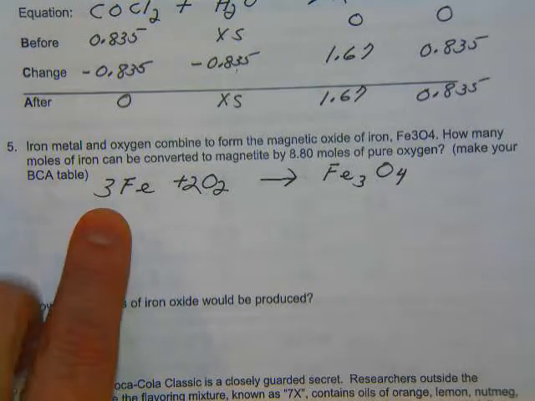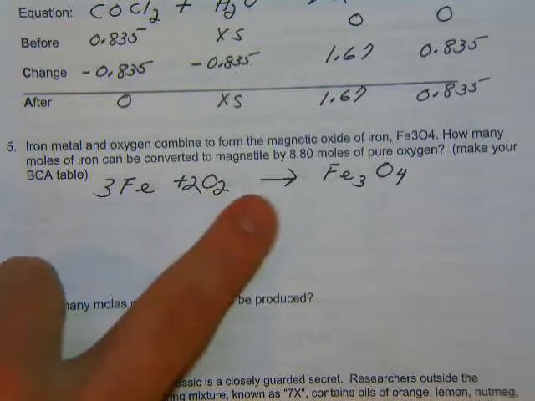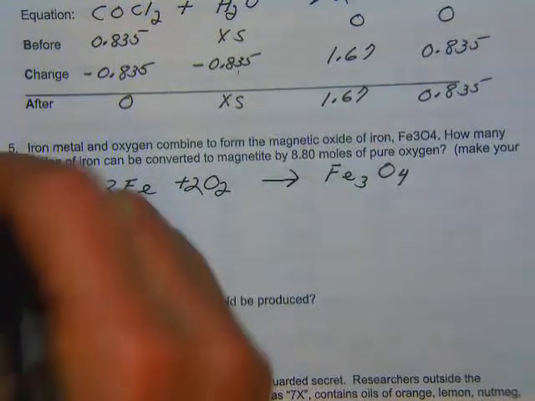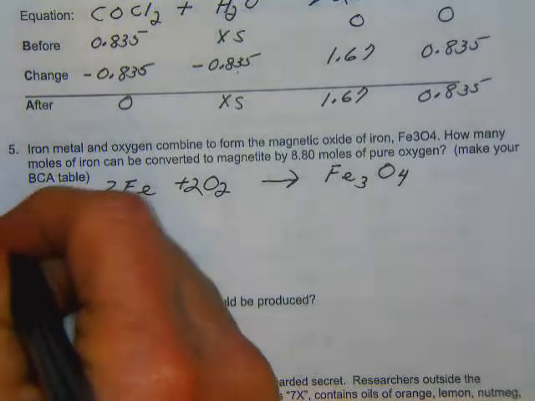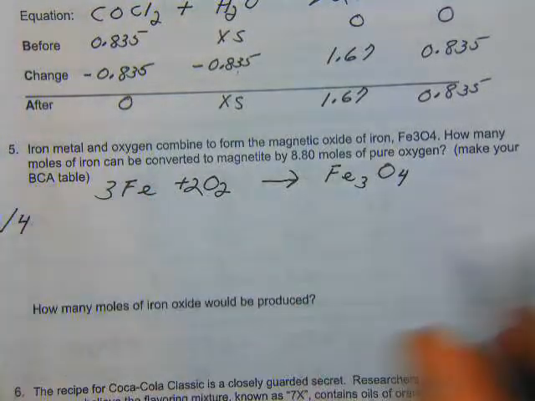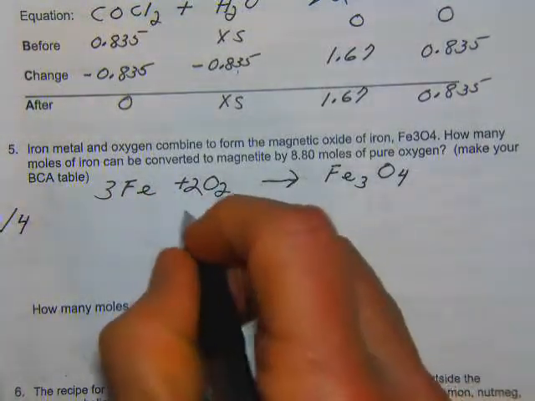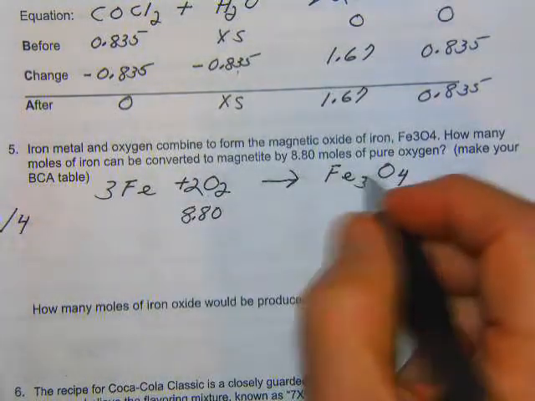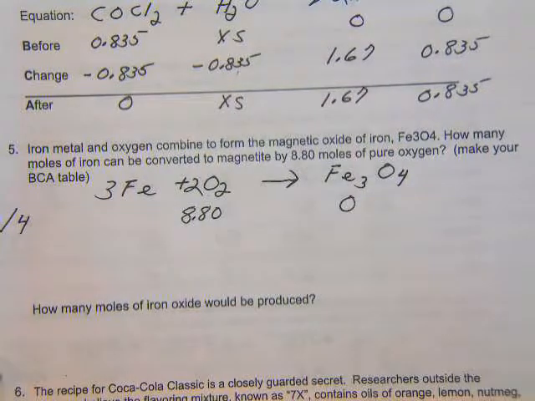So it looks like we're going to be in that order there. So 3 moles of iron react with 2 moles of oxygen to give you 1 mole of magnetic oxide of iron, Fe3O4. And we have 8.80 moles of oxygen. Again, that's before any reaction takes place.